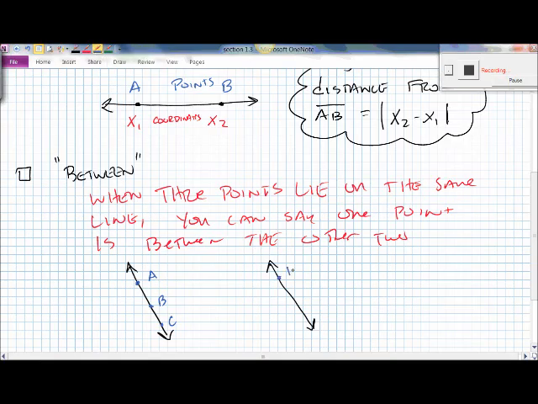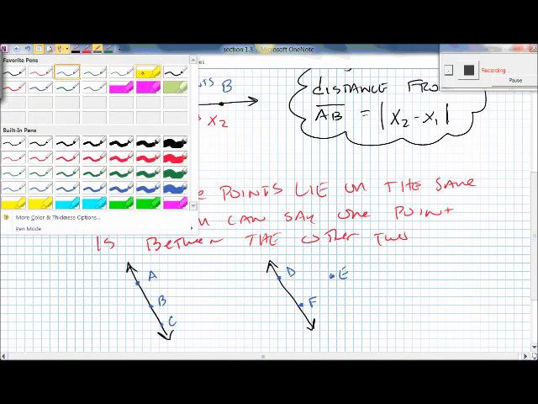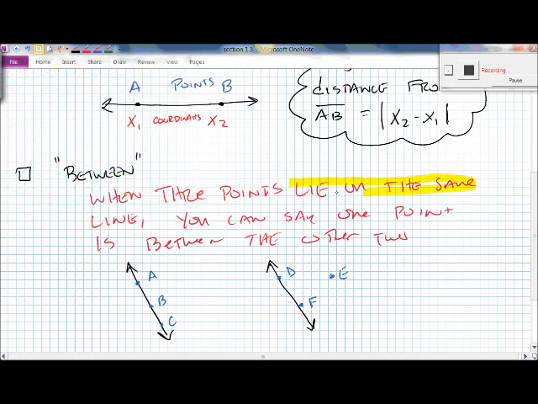I'm going to put D, and point F, and then I'm going to put point E not on the line. So, the key idea for betweenness is that they have to lie on the same line, okay?